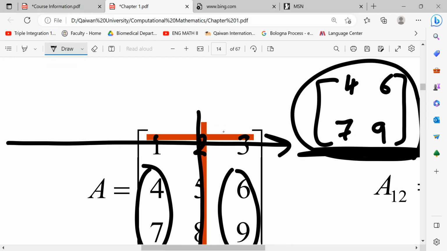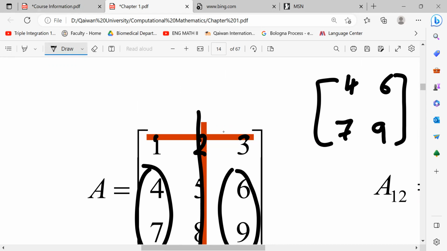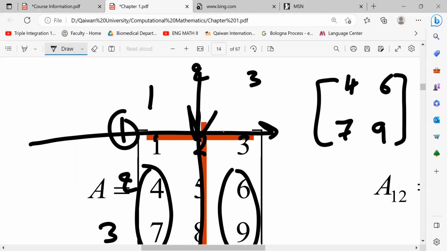And how to name this submatrix? Look, we removed row 1 and column 2. This is row 1, this is row 2, and this is row 3. And for the columns, it's column 1, column 2, and column 3. Which row and which column do we remove? We removed the first row and the second column.